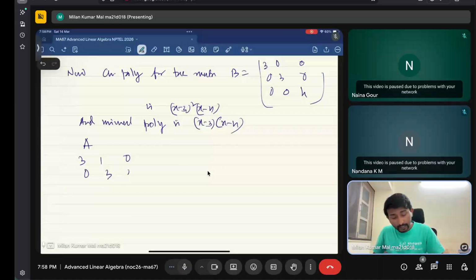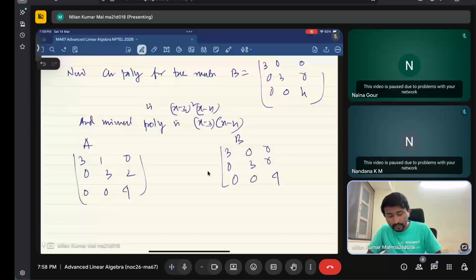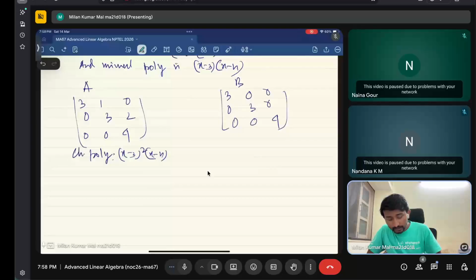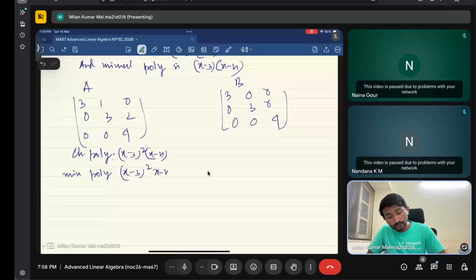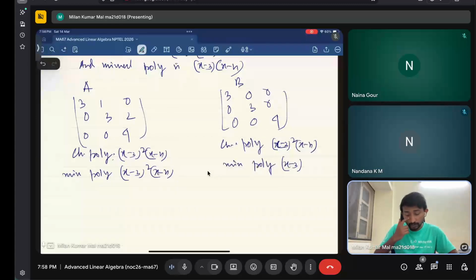Another is B, with rows 3, 0, 0; 0, 3, 0; 0, 0, 4. In both cases the characteristic polynomial is x minus 3 square, x minus 4, but the minimal polynomial of A is the same as its characteristic polynomial, while the minimal polynomial of B is x minus 3 times x minus 4. So let's get back to the options.